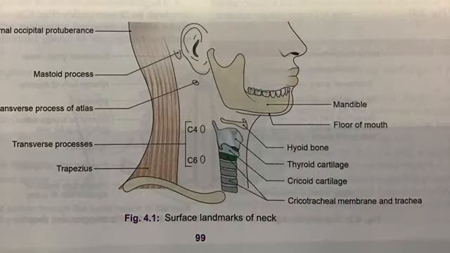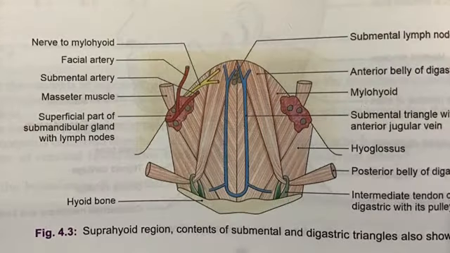This diagram shows the level of the hyoid bone around C3, then the thyroid cartilage at C4 level, and the cricoid cartilage at C6 level. The suprahyoid region shows the contents of the submental and digastric triangles. You can see the submental triangle with the anterior jugular vein, then the submental lymph nodes.